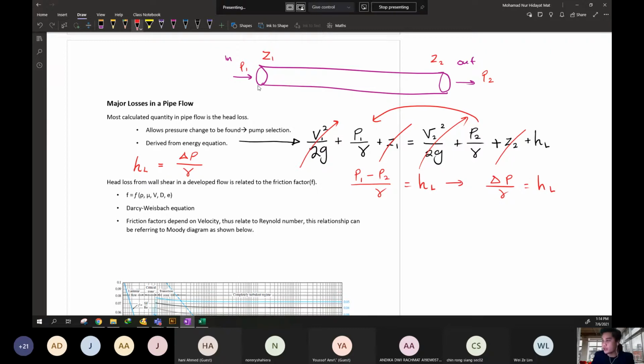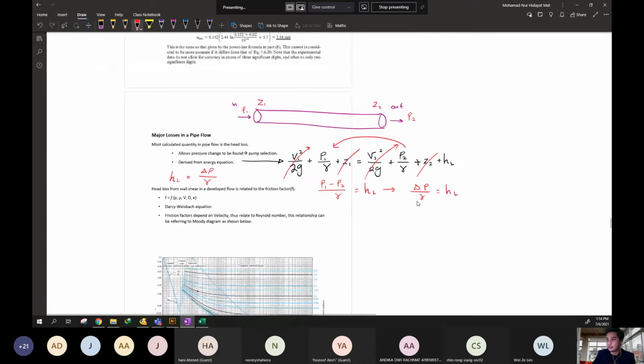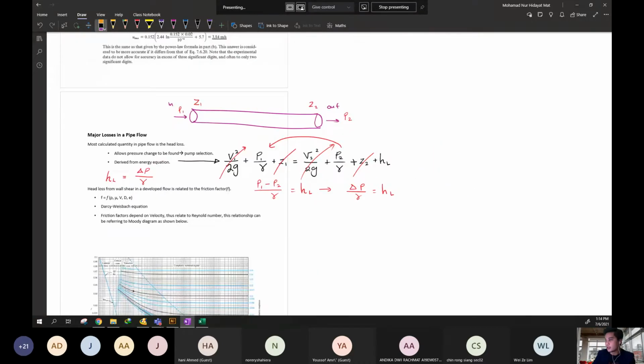When we have the inclination, what do you consider? For example, this is the pipe section, inclined a little bit. We have Z1 and Z2. So definitely the energy equation will be V1 squared over 2G plus P1 over gamma plus Z1 equal to V2 squared over 2G plus P2 over gamma plus Z2 plus heat loss.